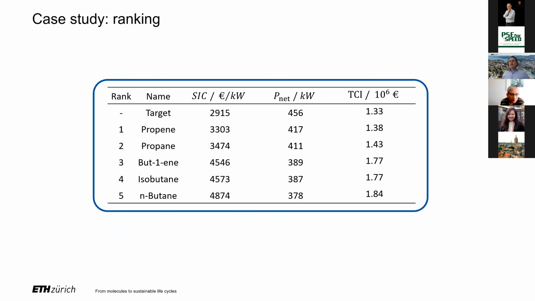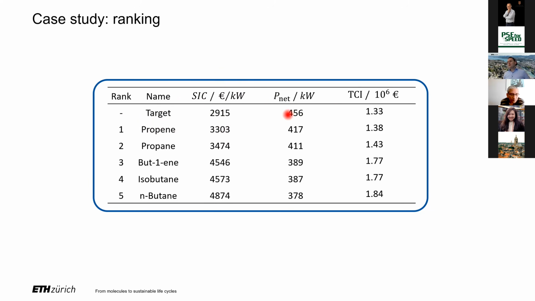And this is the very boring results table, which does not look exciting. But what information do we get? I said, we get first a target information. This is the upper bound on performance, or here the lower bound on cost. Basically, our model says you will not be able to get lower specific investment costs. That's what the SIC stands for. Then about 3,000 euros per kilowatt. You will not find a better molecule in this.